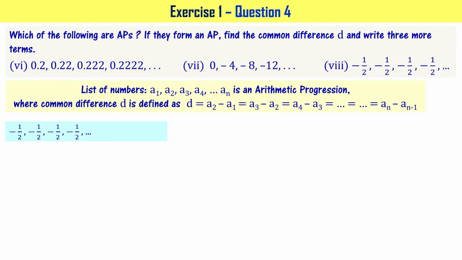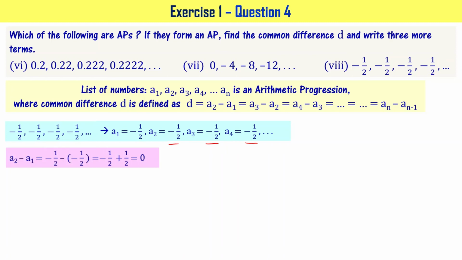That is minus half, minus half, minus half, minus half, and so on, right? When you look at this, you can say that A1 equal to minus half, A2 equal to minus half, A3 equal to minus half, A4 equal to minus half, and so on, right? Looking at this itself, you can say that it is in arithmetic progression because the common difference here is 0, right? But anyway, let's find that.